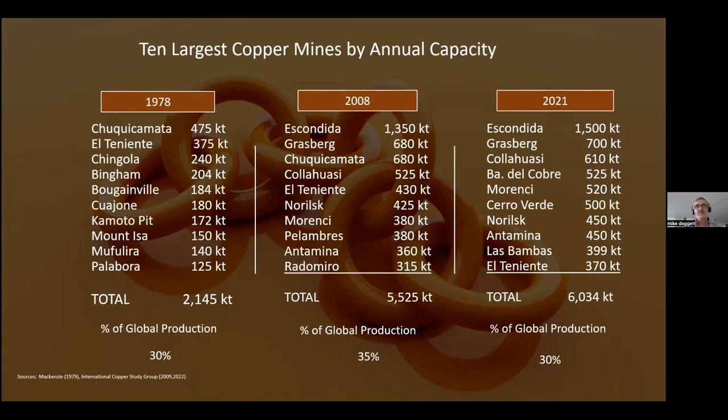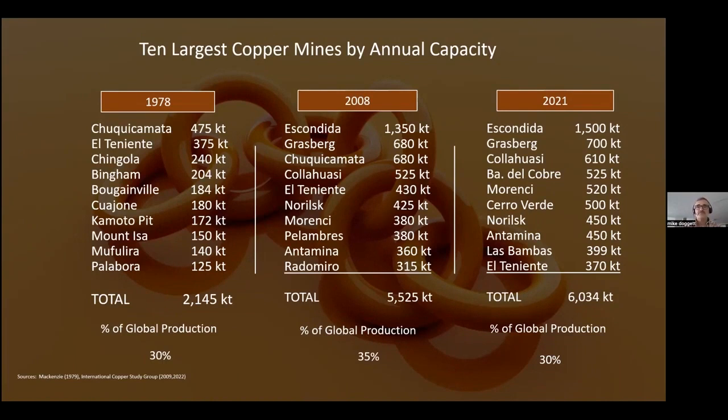Chuquicamata has increased its output over that time from 475,000 tons all the way up to 680. El Teniente went from 375 to 430. So not only are you seeing the size, the average size, and the biggest mines increasing, but you're also seeing that some of the older mines are also scaling up in terms of the amount of copper that they're able to produce.